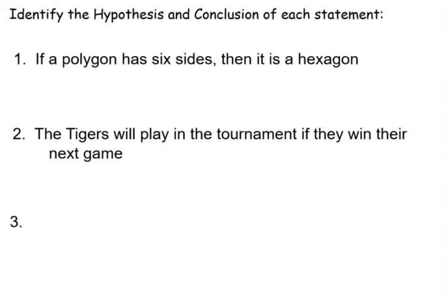Identify the hypothesis and conclusion in each statement. If a polygon has 6 sides, then it is a hexagon. So if I'm identifying the hypothesis, it is the part of the sentence that follows the word if. So don't include the word if. I'm going to take my sentence basically until I hit the word then. This is my hypothesis.